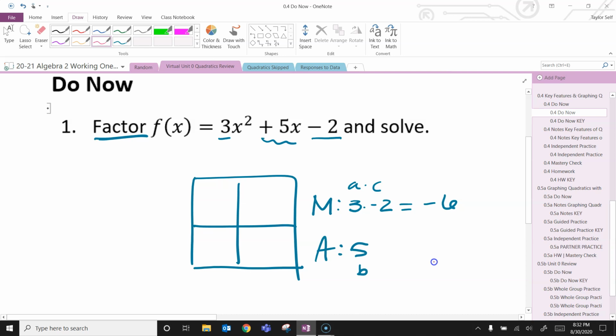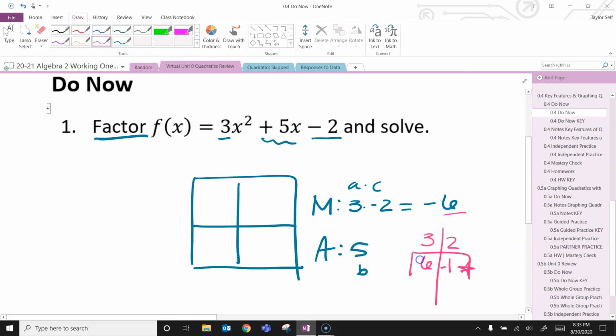One way to do that is to make a little table and think about what can multiply to 6. So we could do 3 and 2. We could do 6 and 1. Okay, and then let's think about what can combine to make 5 and make -6. So +5 is what we need to add to, and -6 is what we need to multiply to. That has to be this one, 6 and -1.